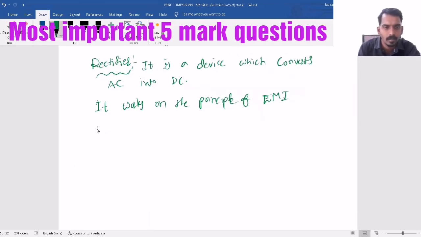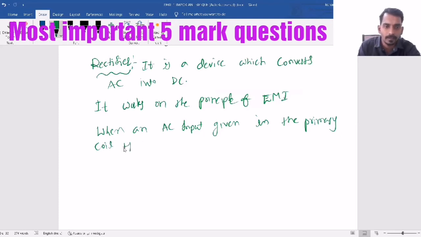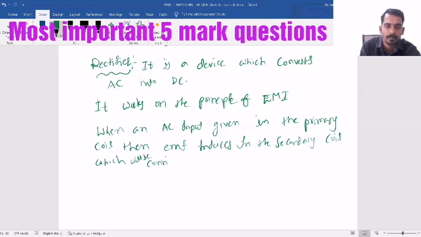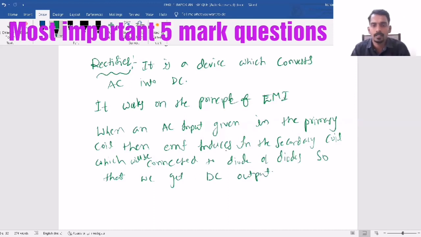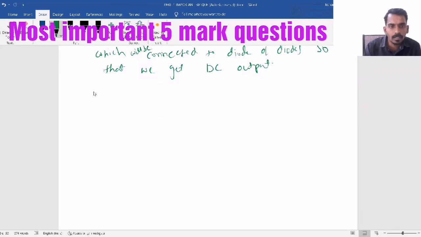Now, when an AC input is given in the primary coil, then EMF is induced in the secondary coil, which will be connected to a diode or diodes, so that we get DC output.